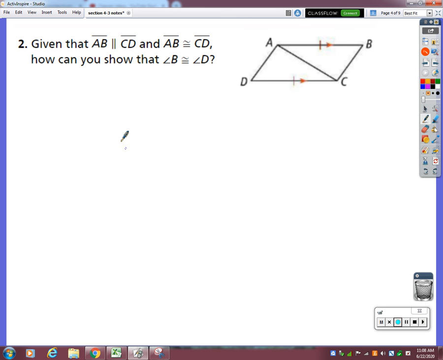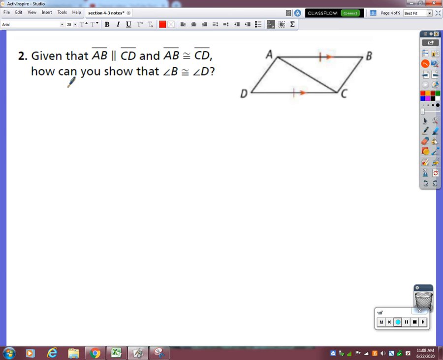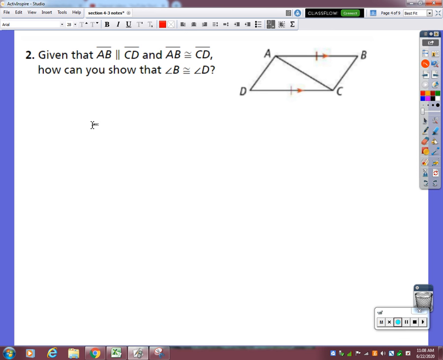Okay, so if I know that these two sides are parallel and they are also congruent, then how can I show that these two triangles are congruent to each other? So let's get a little bit formal here. We could say AB and CD are parallel, and that has been given to us.